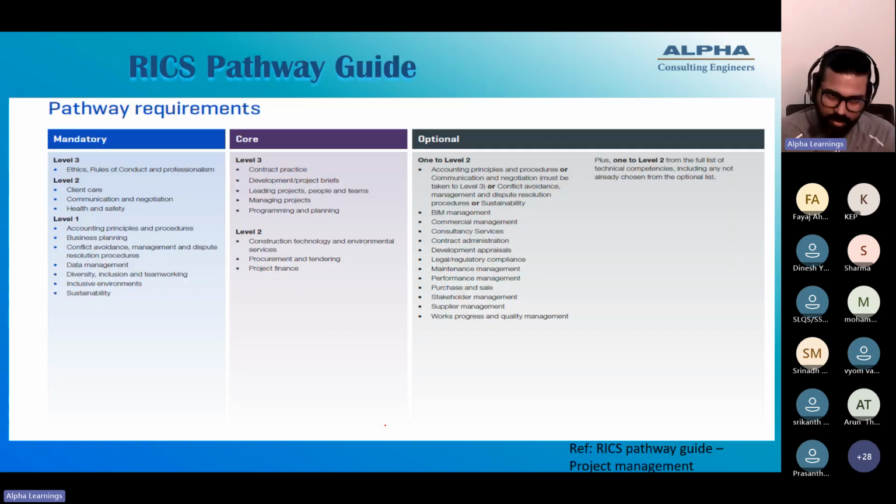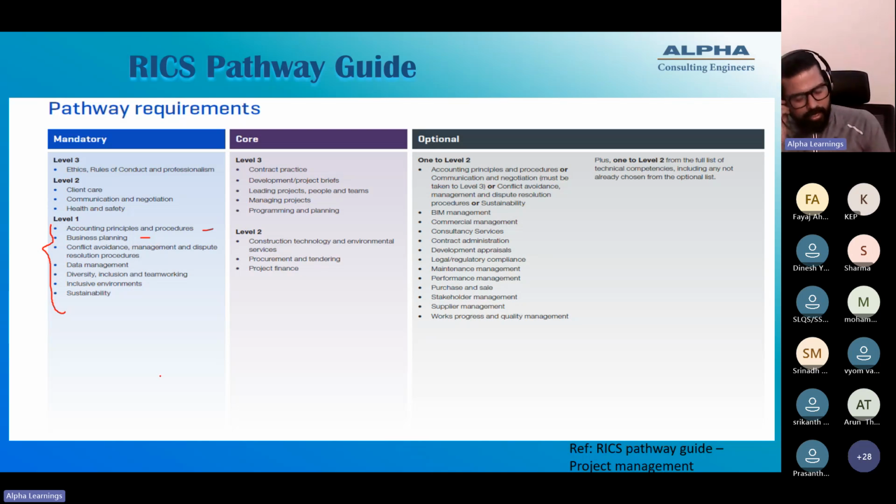Now there are level 1, level 2, and level 3. Level 1 is about basic understanding of the competency, theoretical understanding. Like you can see in mandatory, we have accounting principles, business planning, all this. These are the level 1 competencies. You just need to know these things on a basic level.